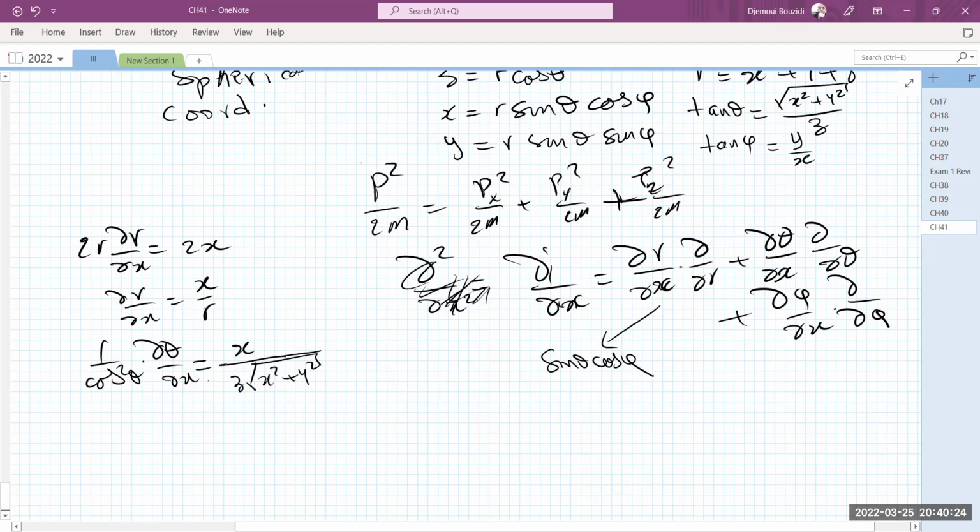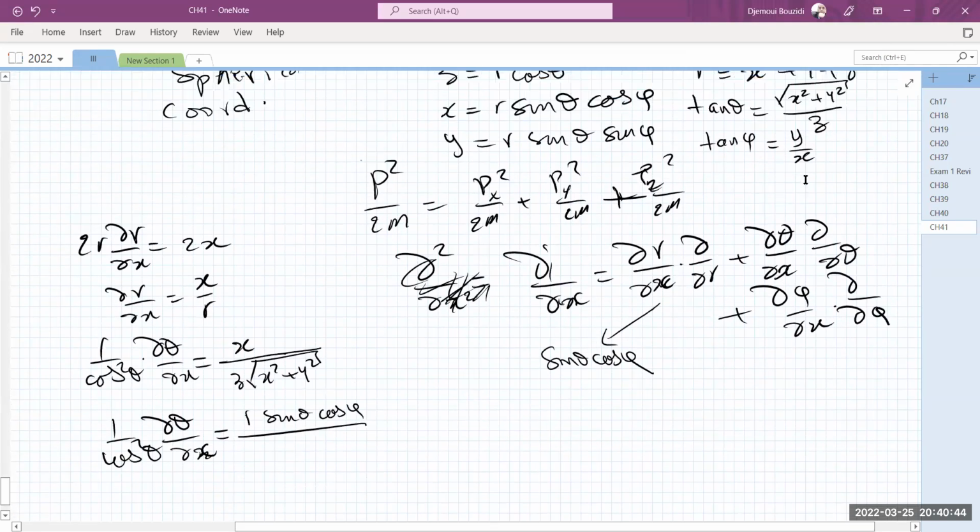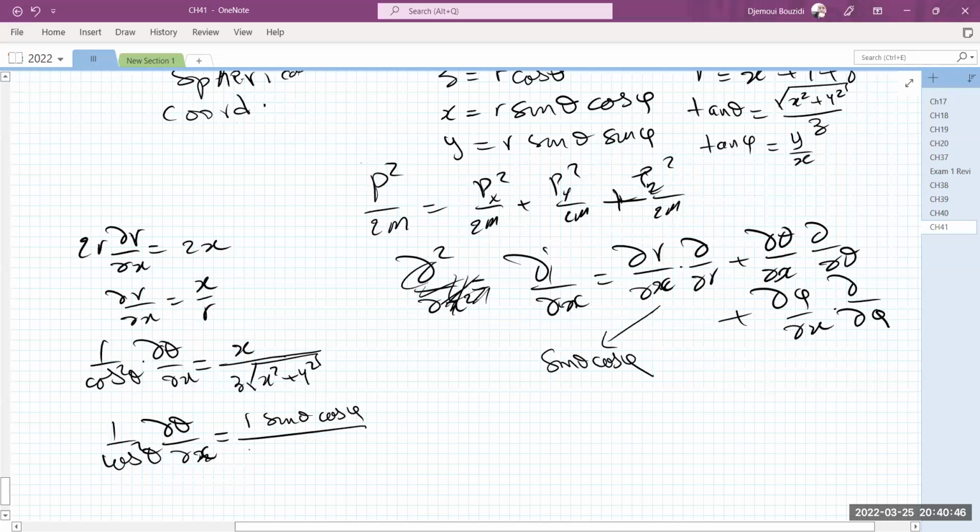Okay, x itself. So I will have 1 over cos squared theta d theta with respect to x is going to be x itself, r sine theta cosine phi, divided by z, and z is r cosine theta. So it's going to be r cosine theta. And the square root of x squared plus y squared is just r sine theta.